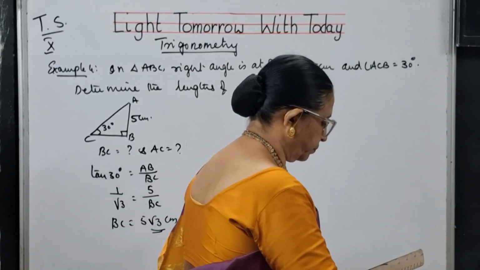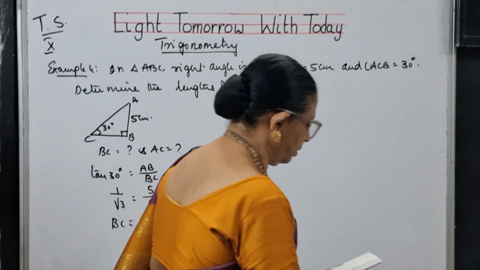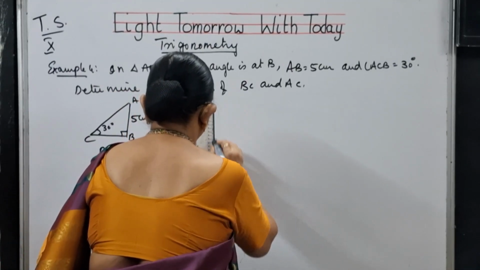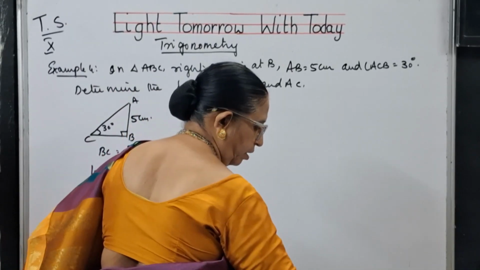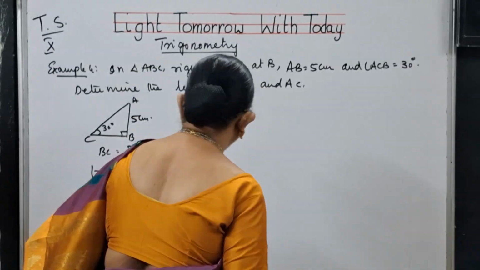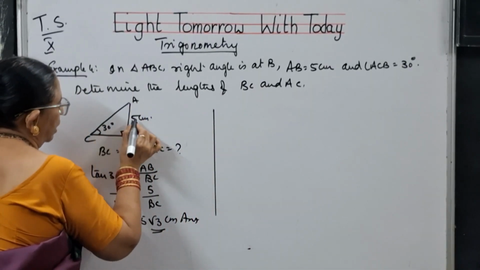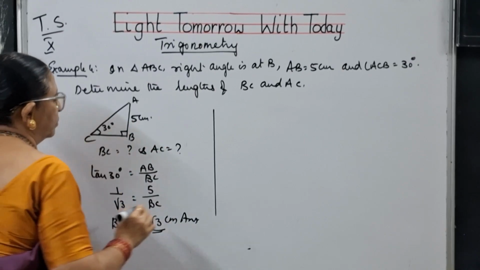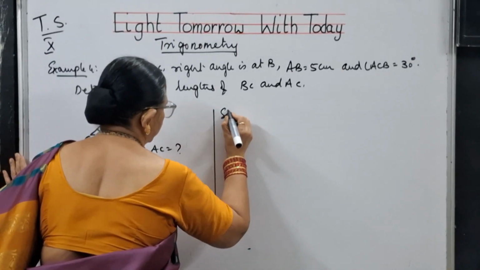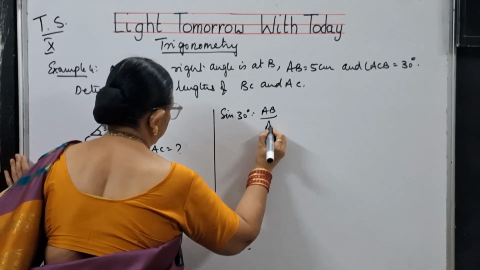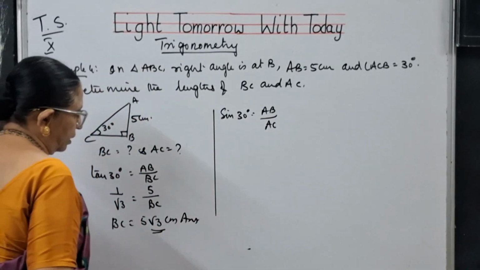Okay. Now, the next one. What else have they asked? This is AC. AC means sine 30, opposite side by hypotenuse. You can take sine 30 degrees is equal to AB by AC. So what is sine 30?